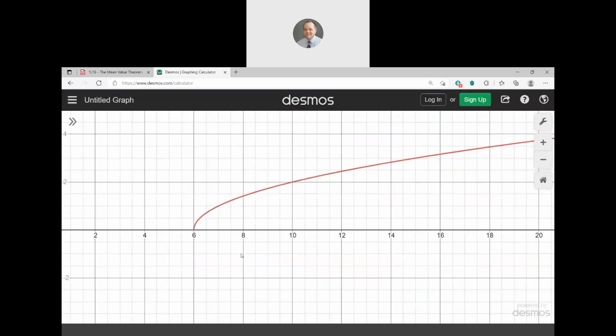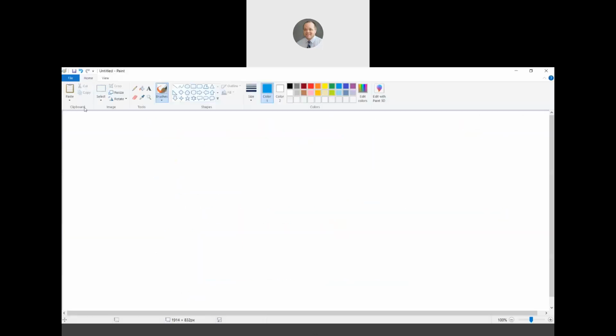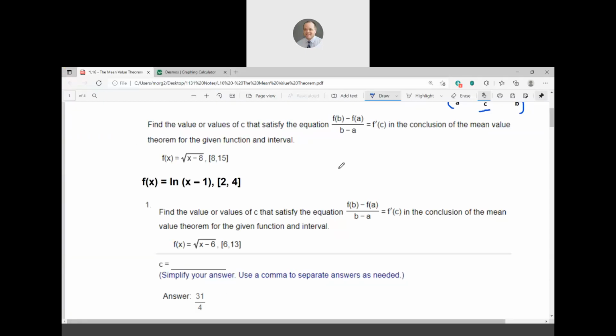Let's go back and look at one more problem involving natural log. And let me also copy and paste our equation.